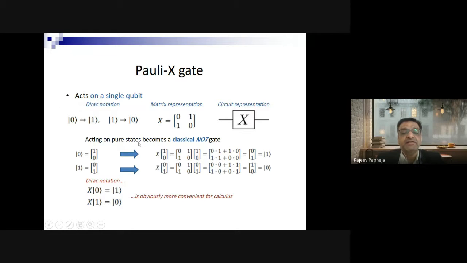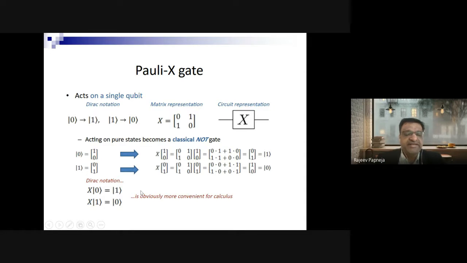Now, acting on pure states, it becomes a classical NOT gate. So 0 can be written in matrix form as a matrix of 2 rows and 1 column, where 1 is at the top and 0 is at the bottom. And bracket 1 can be written as 0 and 1.